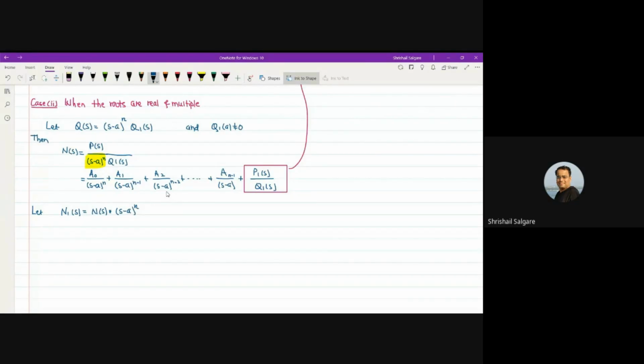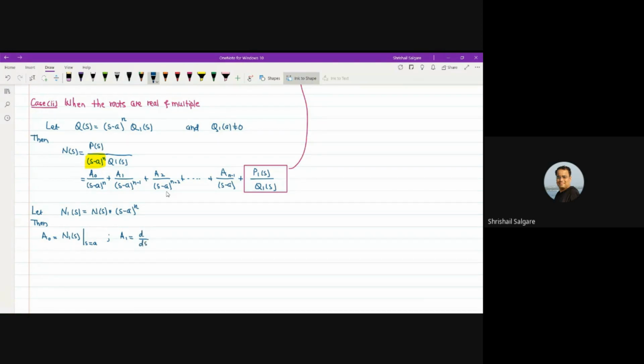Then the constants are given by: first, a naught is the value of N1 of s at s equal to a, and next, a1 is the derivative of N1 of s.